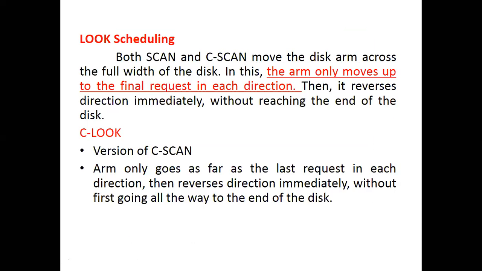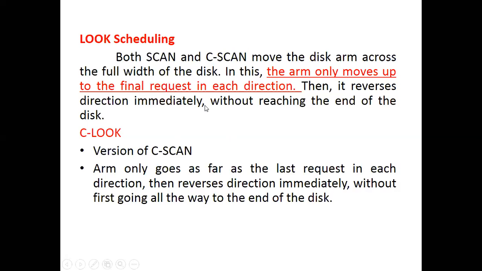The last scheduling is LOOK scheduling. It is also a variation of SCAN and C-SCAN. The difference is you should not move the arm to the end of the disk. You should move the arm only up to the final request in each direction, so it's called LOOK scheduling.